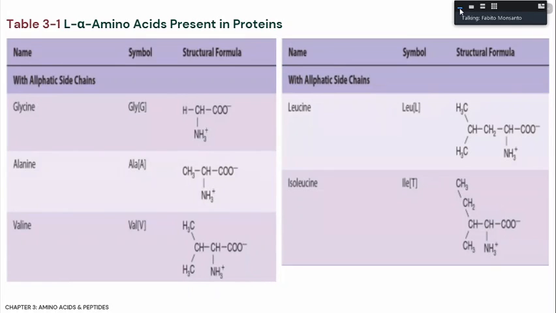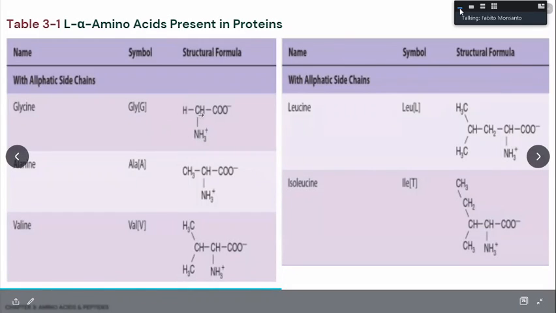So your glycine, because these two are the same, hydrogen, this is the only amino acid in which you do not have a chiral carbon. In all the other amino acids, the alpha carbon is chiral.